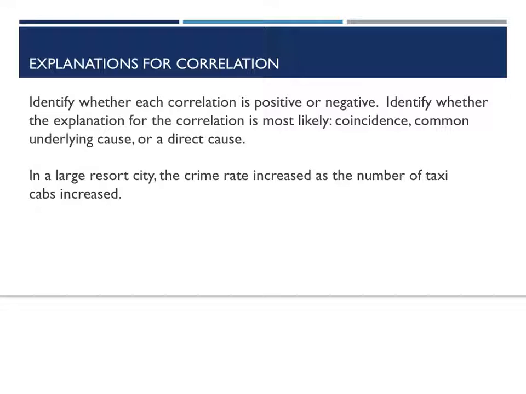How about this? In a large resort city, the crime rate increased as the number of taxi cabs increased. Again, we have an increase and an increase. Two increases make a positive correlation. Now, unless you think that taxi cabs or the taxi cab drivers are committing the crimes, it's not a direct cause.